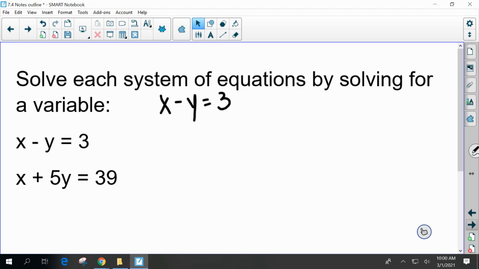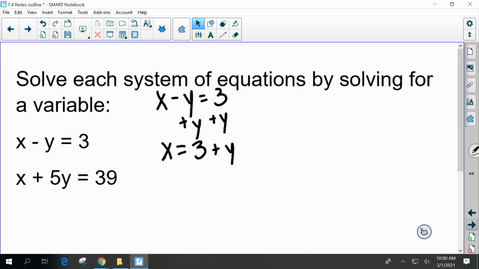What I'm going to do is try to get x by itself. So I'm going to add y to both sides. So x would equal 3 plus y, because I can't actually add 3 and y.